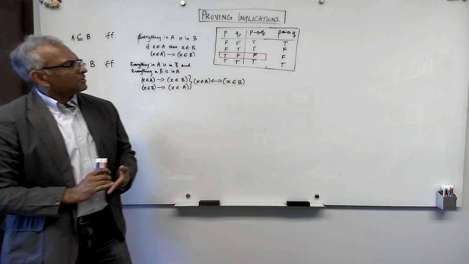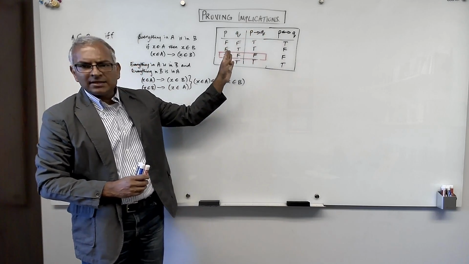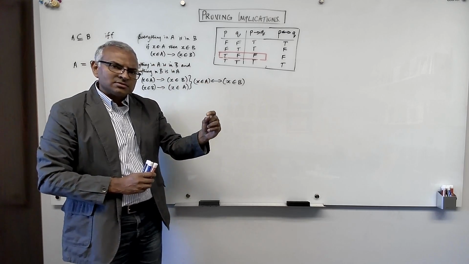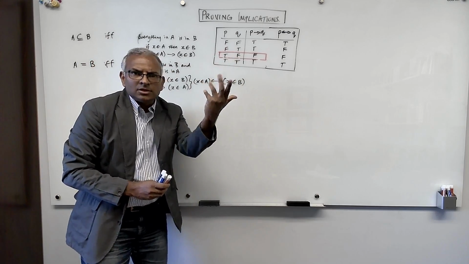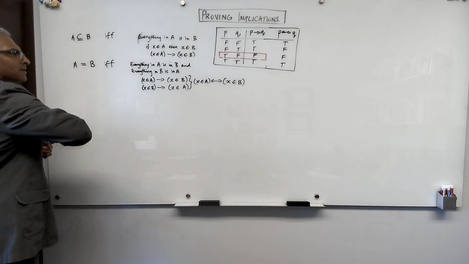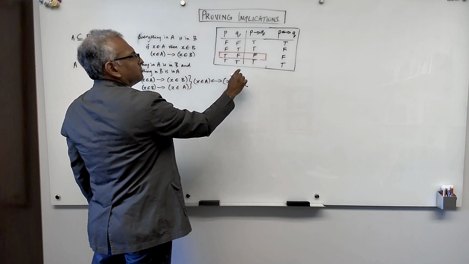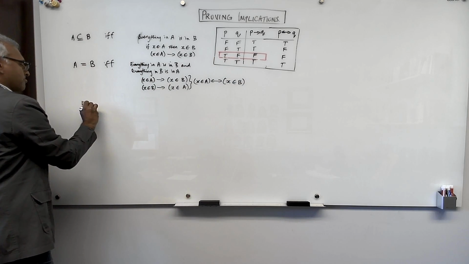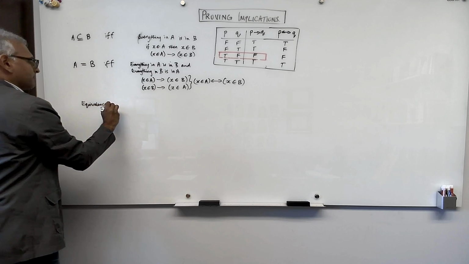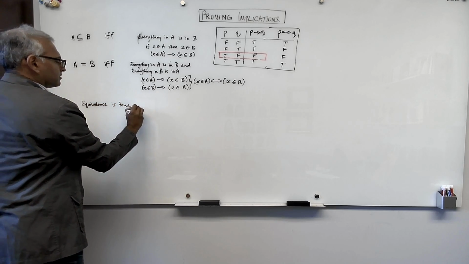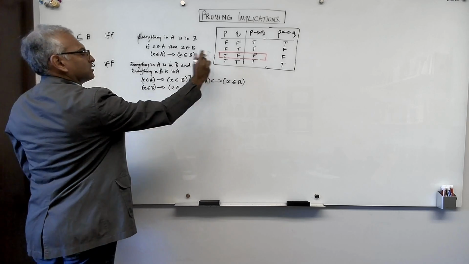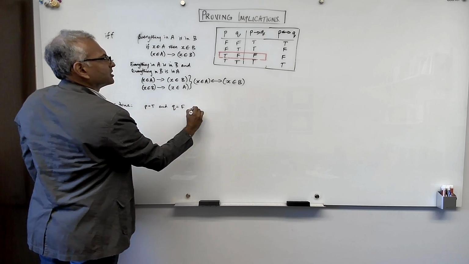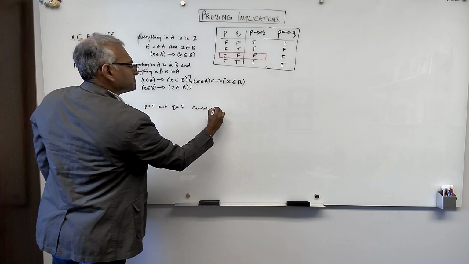Now, equivalence is a tighter link than implication. And if you're asked to prove equivalence, it's harder. How much harder? Twice as hard. Here's why. Because for an equivalence to be true, this row cannot occur. So P equals true and Q equals false cannot occur.